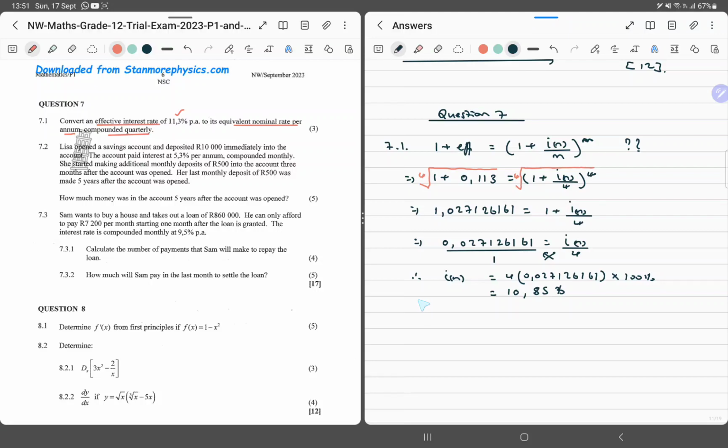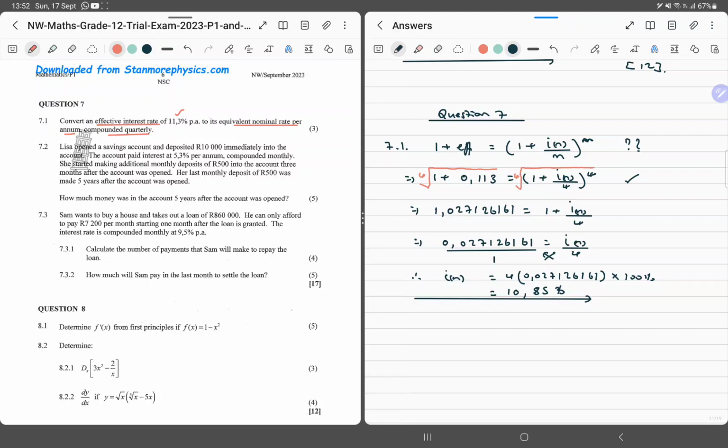Of course, the general instructions, don't forget them. Where necessary, you leave it to 2 decimal places, so you follow that instruction. This was an easy calculation otherwise. A correct substitution into the correct formula.